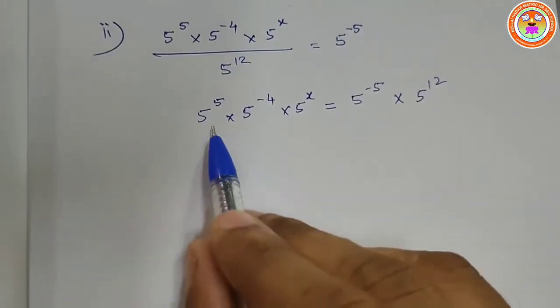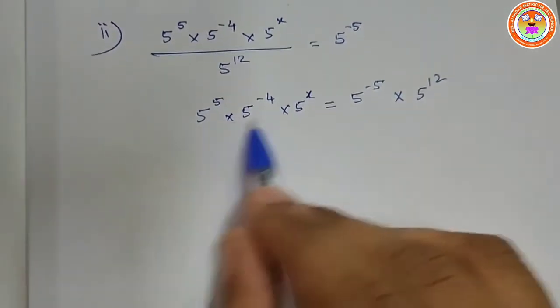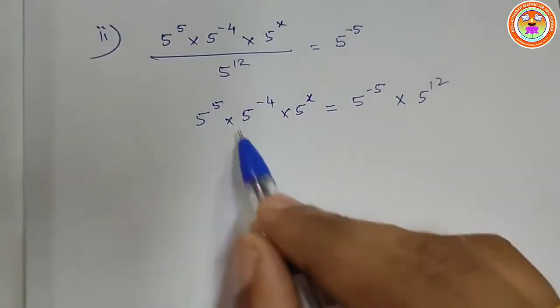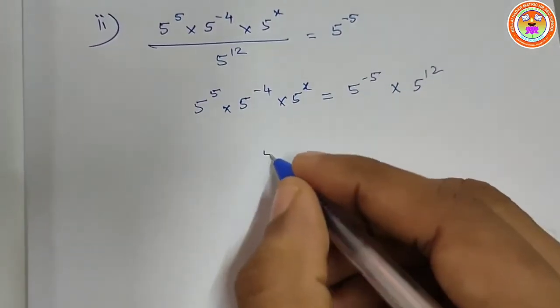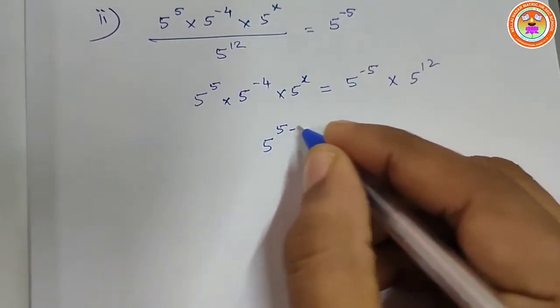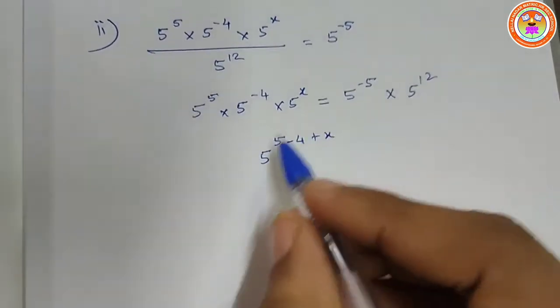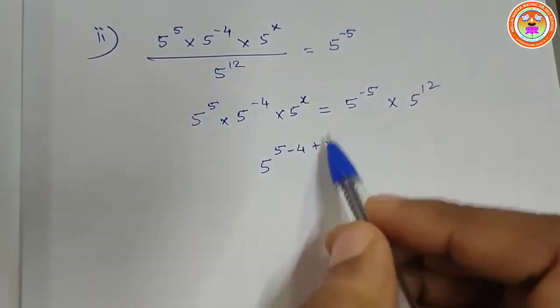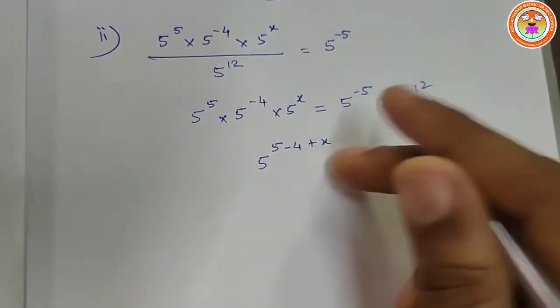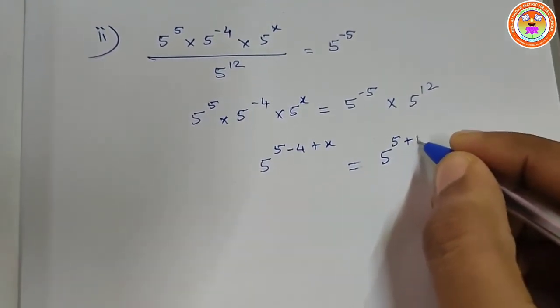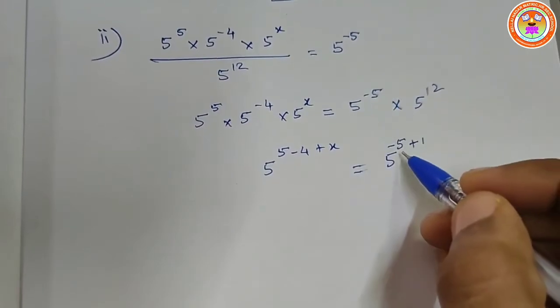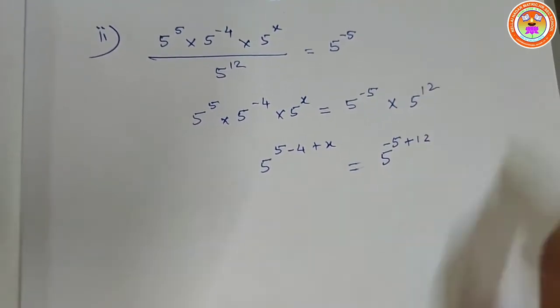Look at it, all are base 5. If the bases are same and it is multiplication, we can add the powers. So 5 power 5 minus 4 plus x, which is equal to, on the right hand side also, 5 power minus 5 plus 12.